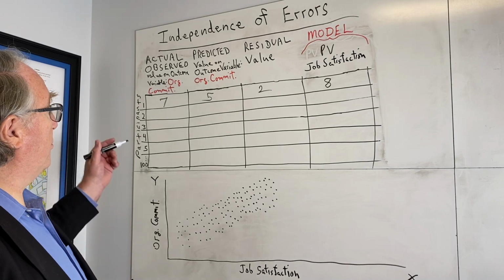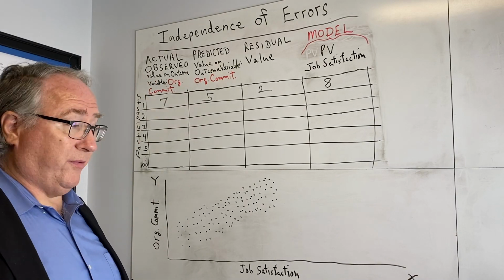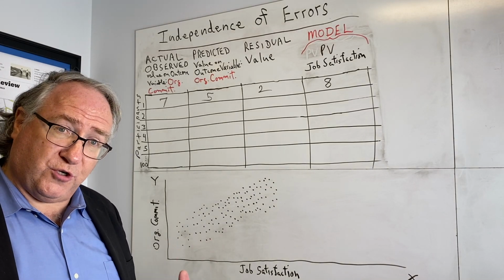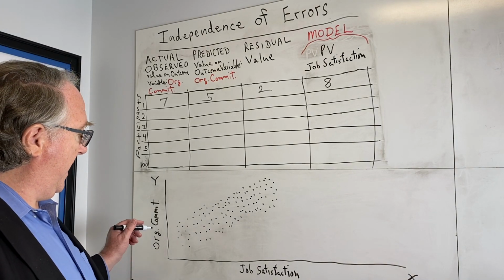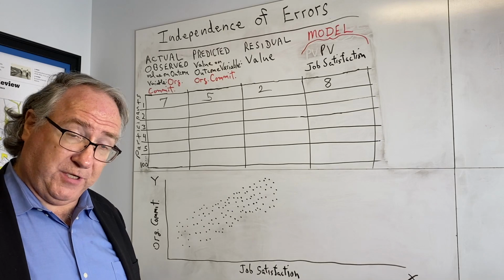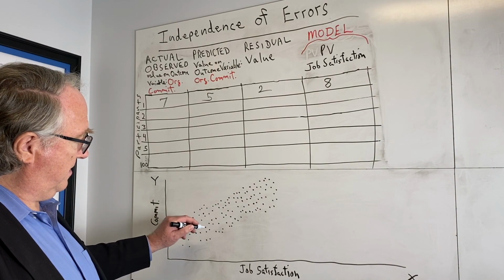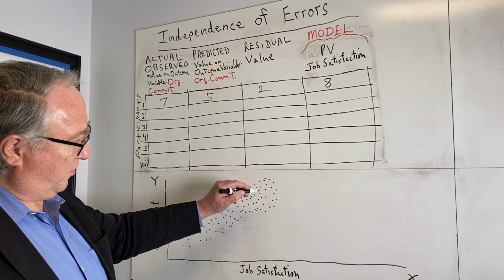We also got a score on the organizational commitment measure for each of our participants, so we have 100 actual observed scores on the outcome variable.